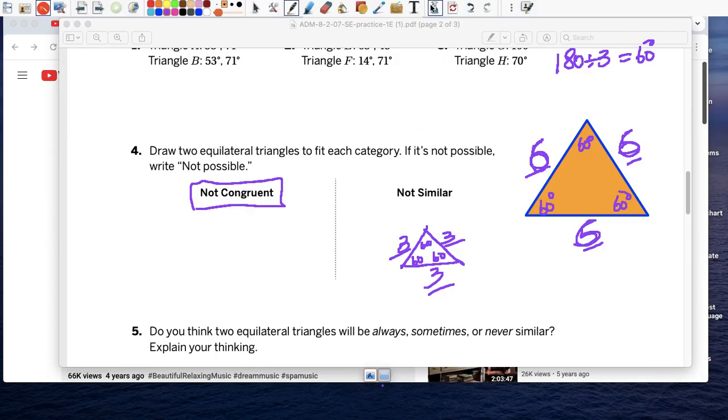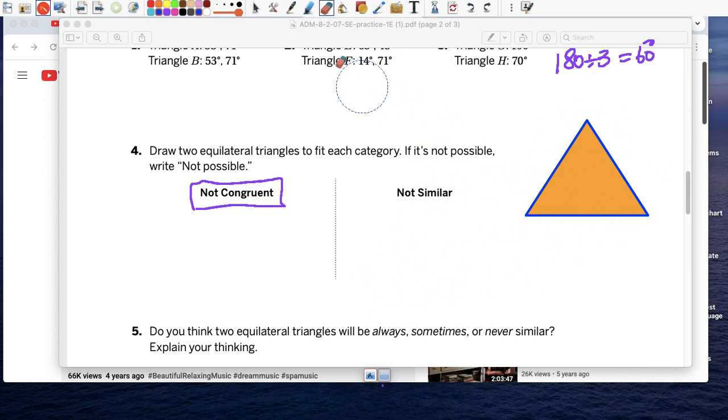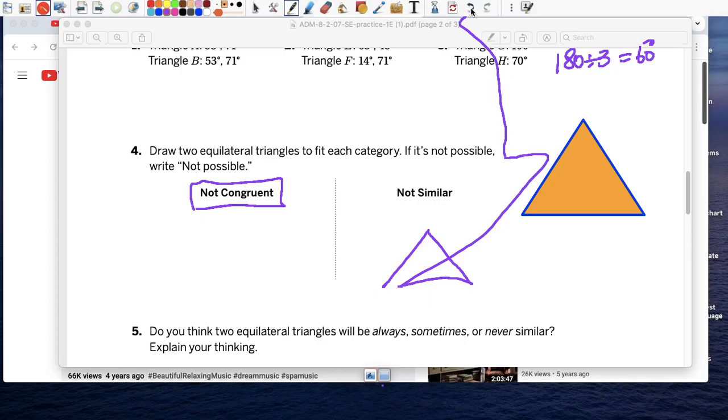Now, can you draw two triangles that are equilateral but not similar? That's kind of impossible. So here's my equilateral triangle. Can I somehow draw another equilateral triangle where everything is 6? So let's make 6, 6, 6 here.